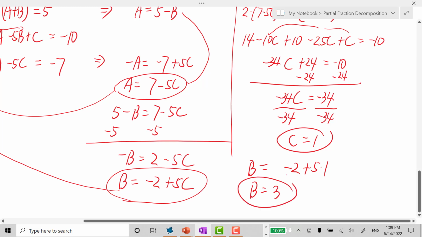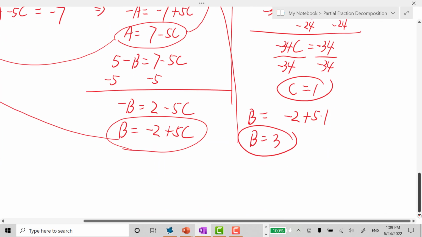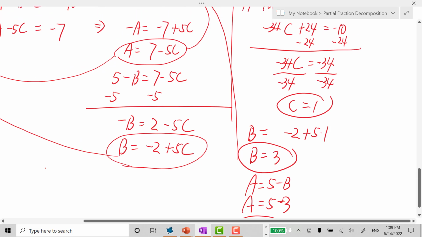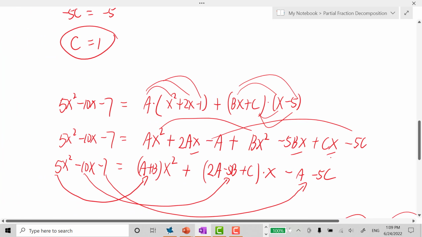Same. So once you know b, then we know a. b goes here. Okay. So a equals 5 minus b. So it's 5 minus 3. So a equals 2. a is 2, b is 3, c is 1. Yeah, so it's that same result as the previous one.